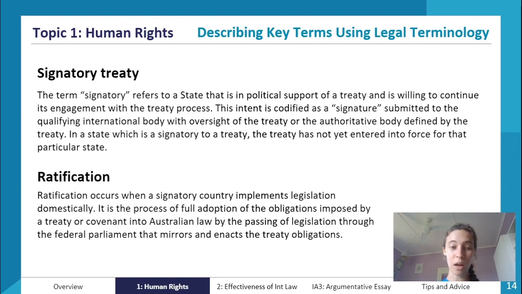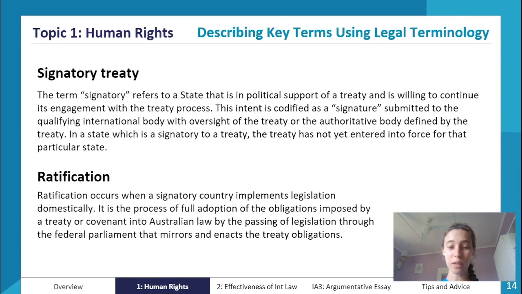And so, again, that important detail: in a state that's a signatory to a treaty, the treaty has not entered into force, meaning it's not been turned into legislation yet for that particular state. Now, ratification, on the other hand, occurs when a signatory country implements legislation domestically.